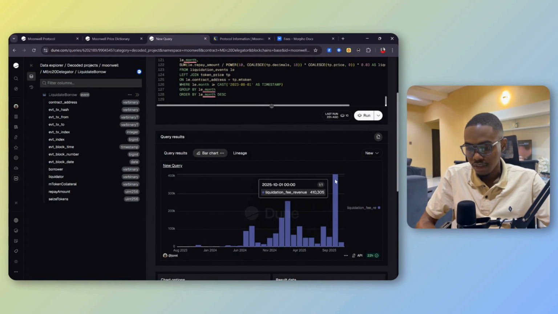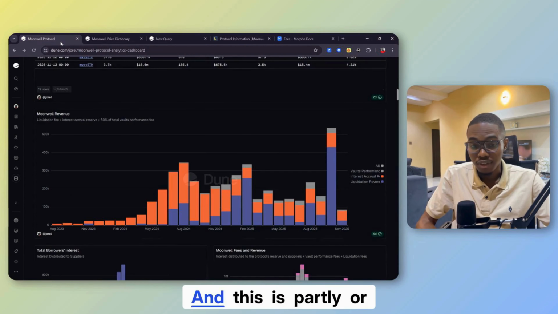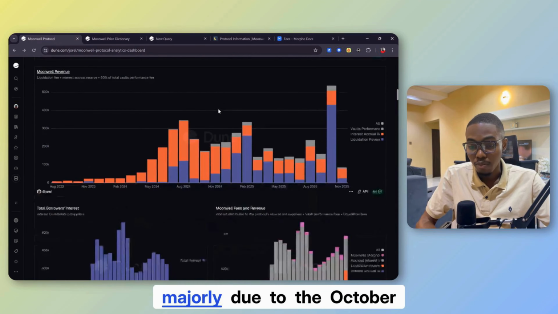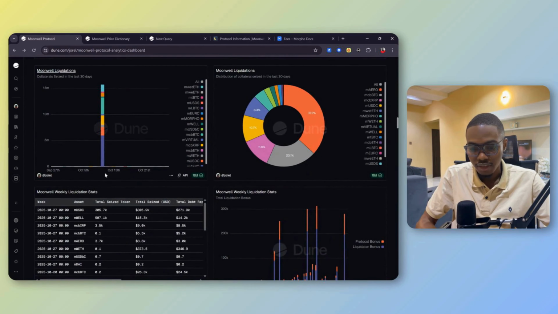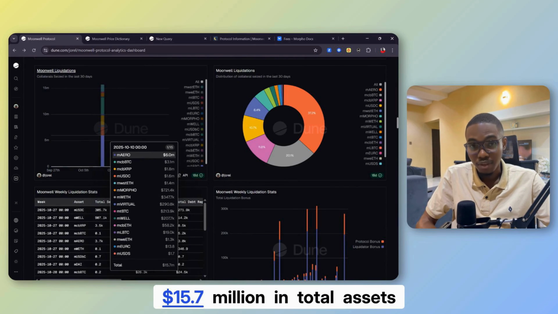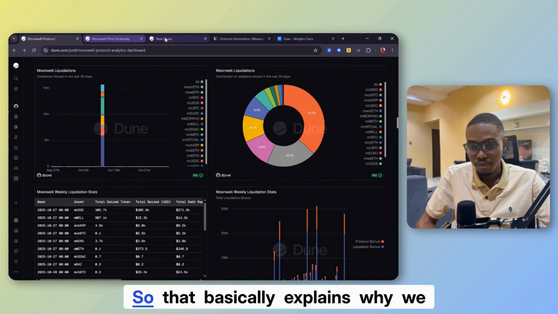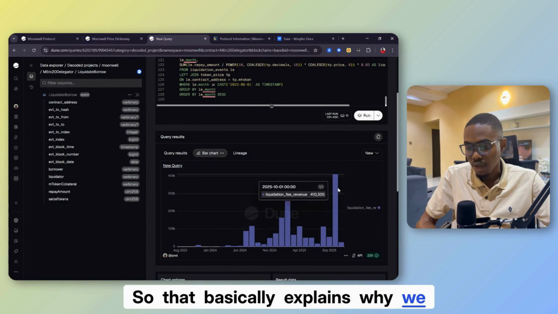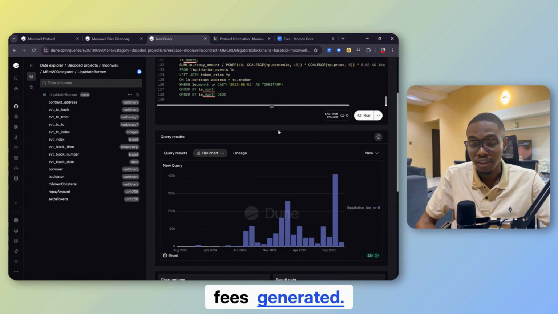And you can see, for instance, in October there was over 400,000 in fees generated from liquidations, and this is partly or majorly due to the October 10 events, where about 15.7 million in total assets were liquidated on Base for the Moonwell protocol. That basically explains why we have this huge spike in the total fees generated.